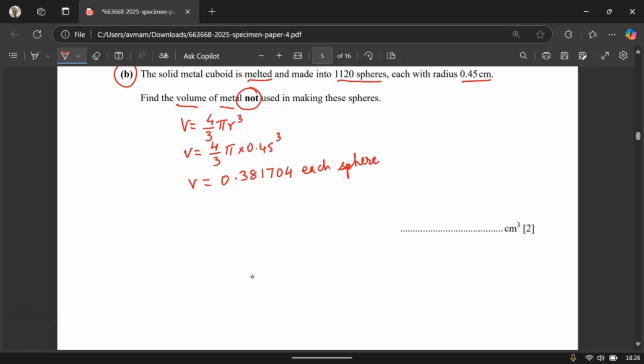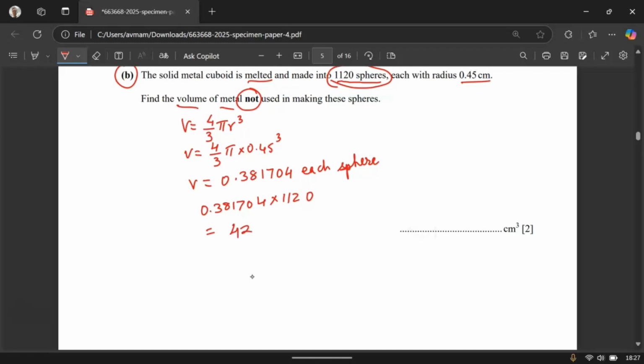So let us multiply this with 1120. On my calculator, I am just multiplying the answer with 1120, and that will give me 427.5079. Okay, this is the volume of 1120 spheres, in cubic centimeters.